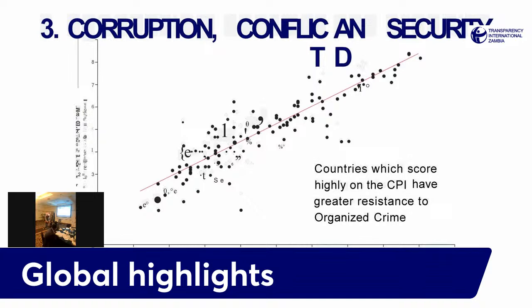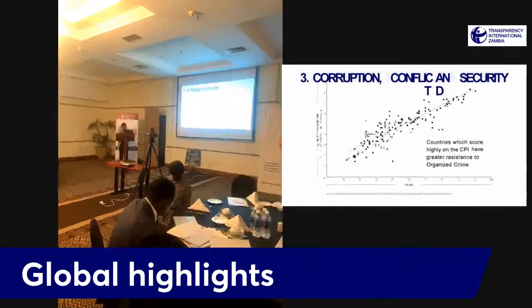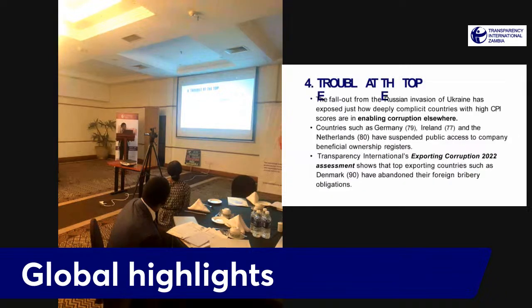However, not everything is perfect at the top. When you look at the top performing countries in Europe, you will see that the fallout with regards to the Russian invasion of Ukraine exposed how complicit most of these countries are in terms of enabling corruption elsewhere.